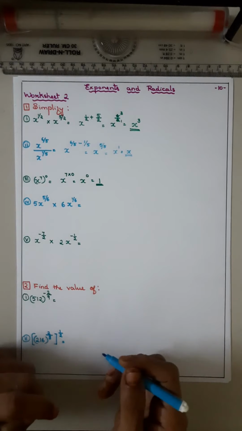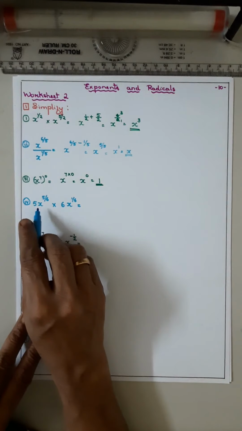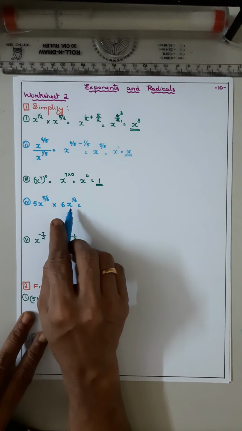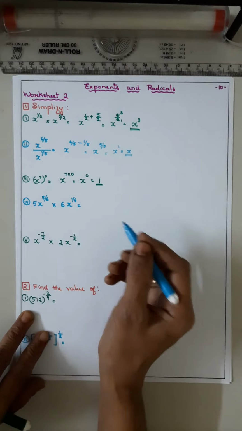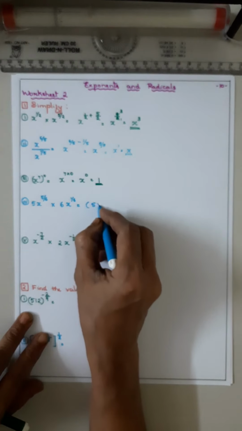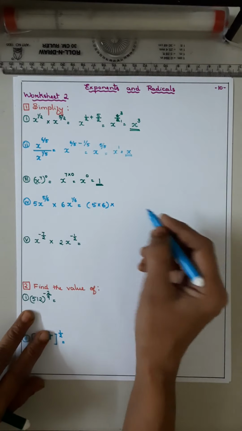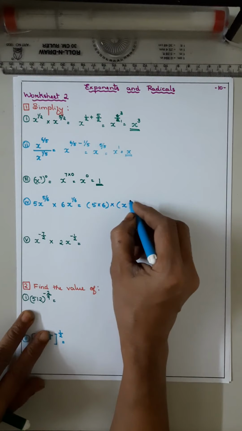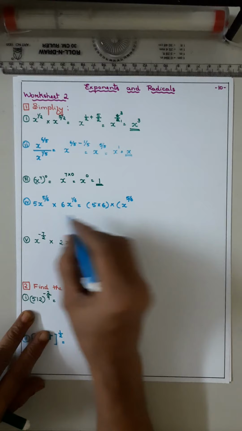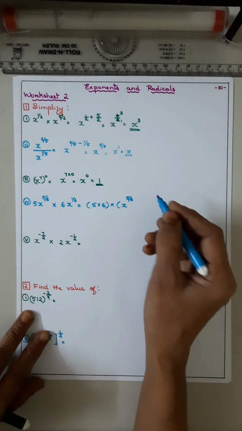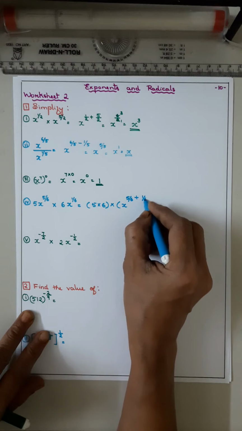Now coming to the fourth sum, it is 5x to the power 5 by 6 into 6x to the power 1 by 6. So first we have to multiply the numbers, isn't it? 5 6s are 30 into x to the power 5 by 6. Now when the bases are same, what we have to do? Multiplication in between, so you have to add the powers.